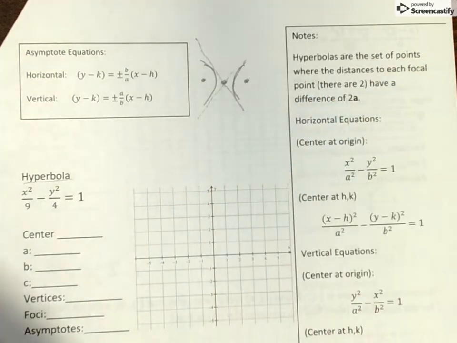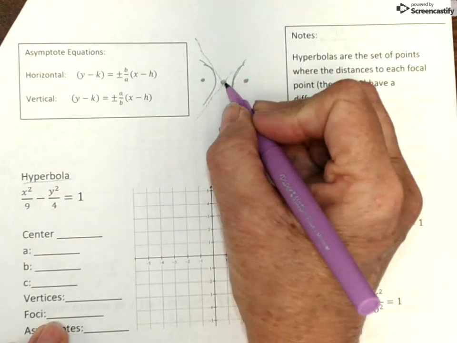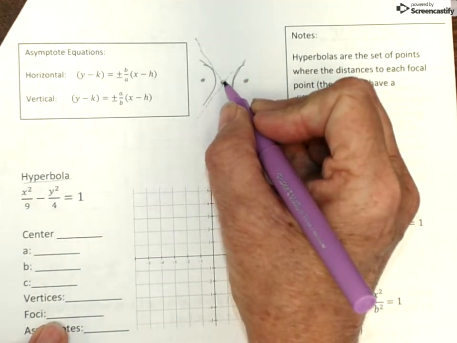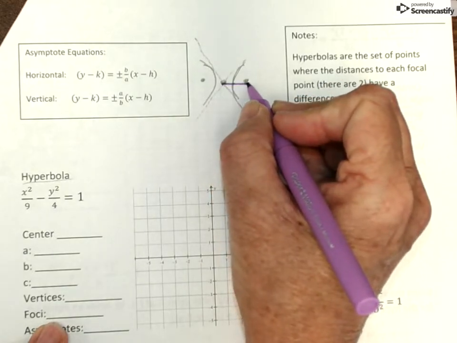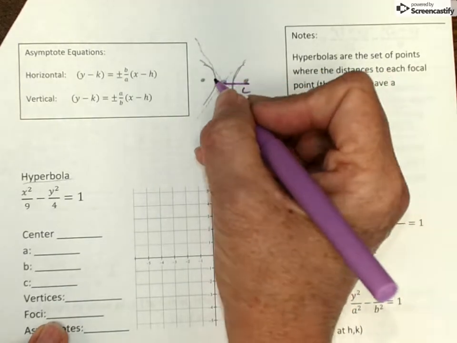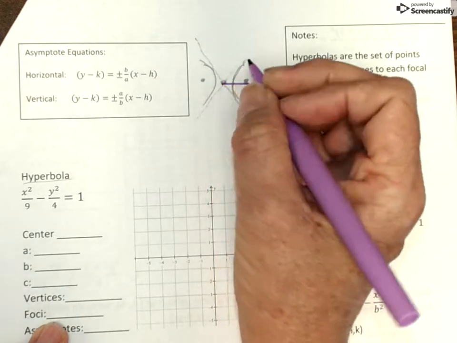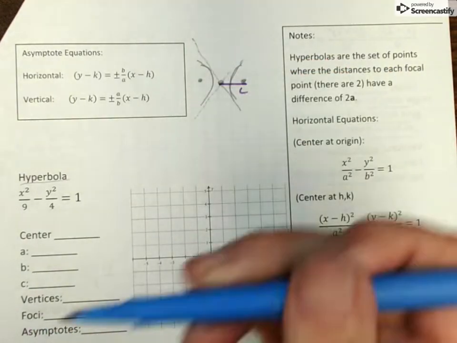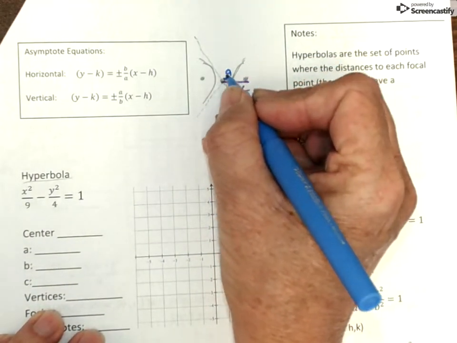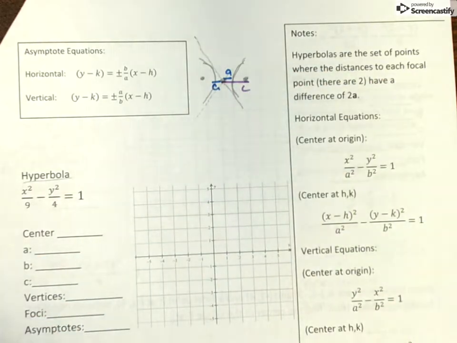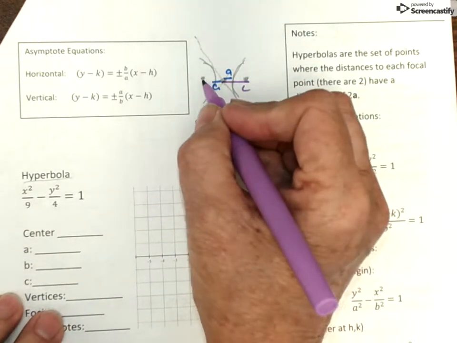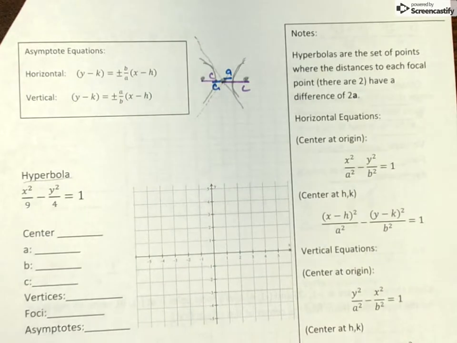And just like we had in the other section, the distance from the center to the focus will be c. The distance from the center to a vertex is a. So those are a's, to the focus is c. So that's the same as what we had with an ellipse.